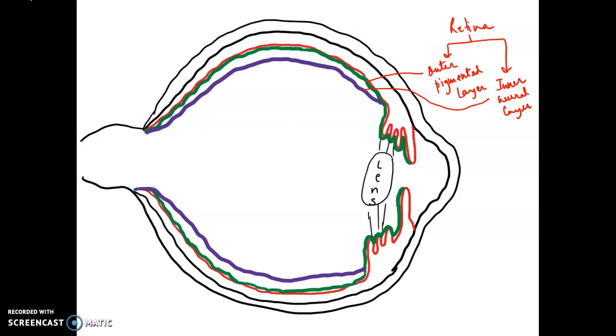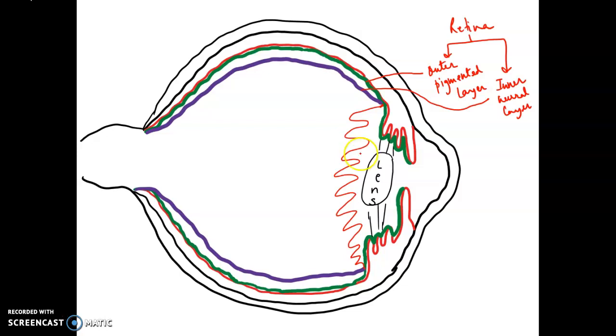And listen carefully, the junction of the outer pigmented layer and the inner neural layer, which is right here, at the junction, you see these lines. The junction of the outer pigmented layer and inner neural layer is called ora serrata.